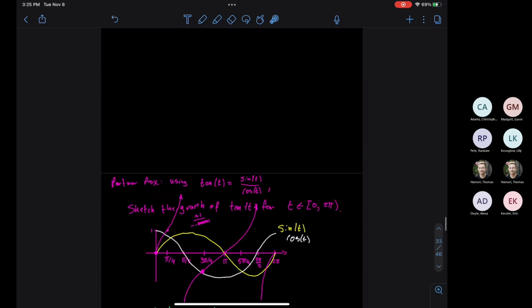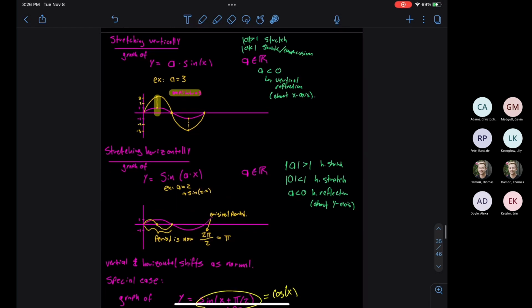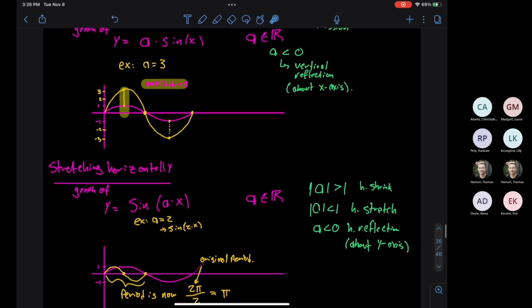Yes, we still have a little bit left to go in this section.